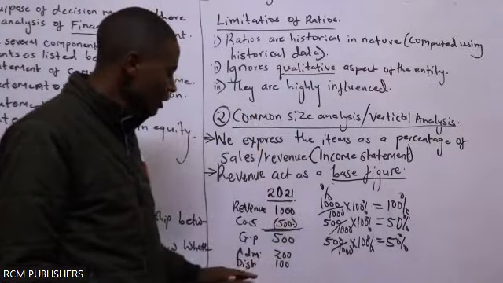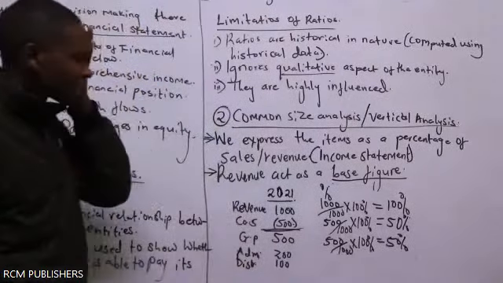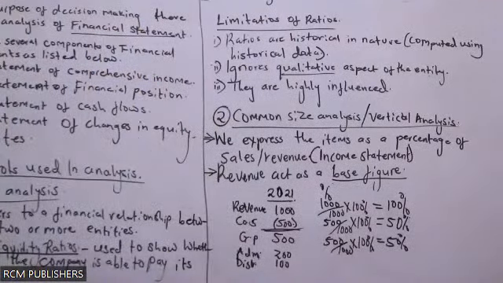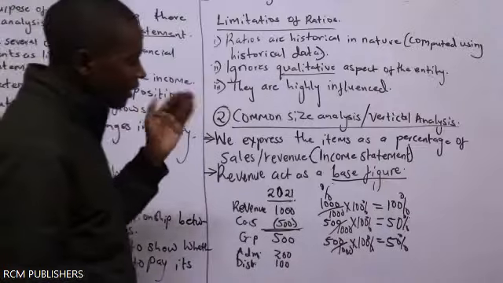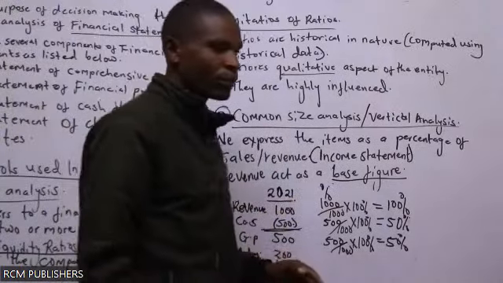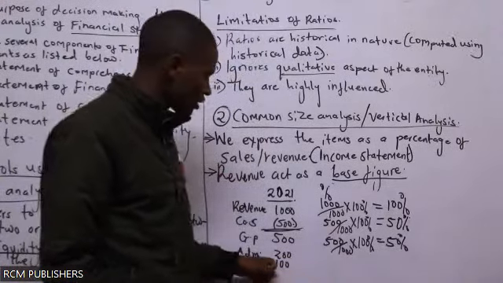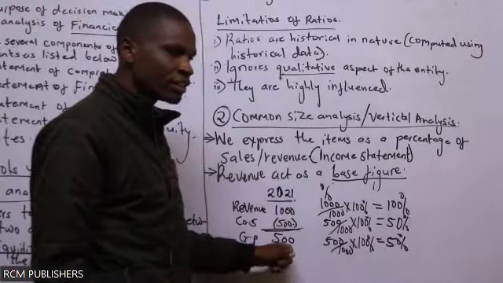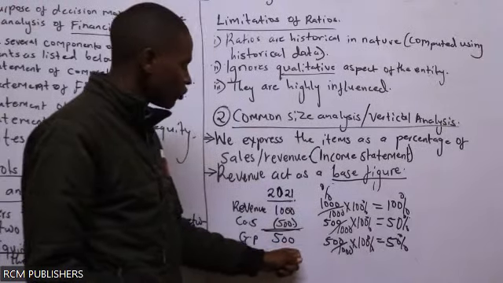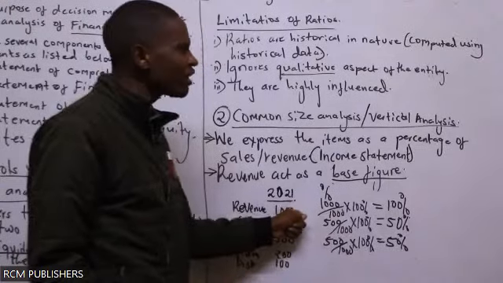We go to admin expense. Can you give me the percentage of that admin expense? We see the ratio in regard to the revenue. It is giving us 20%, because you take 200 divided by the base figure, which will always be revenue.